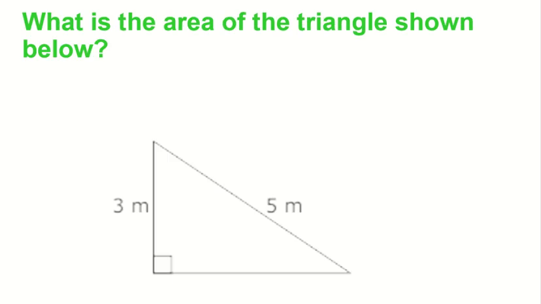So I'll do this one. This unit, we got to do some Pythagorean theorem. We got square root of 5 squared minus 3 squared. That's 4. All right, what is it asking for? Area.